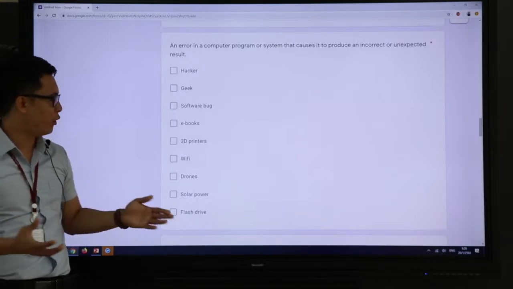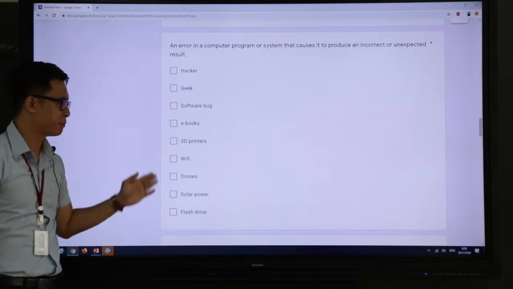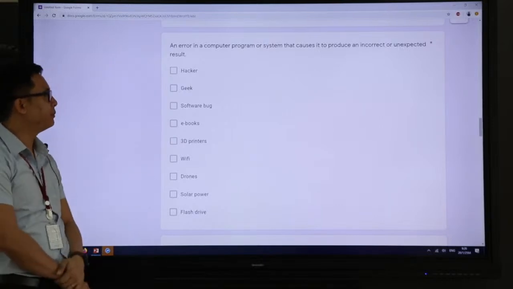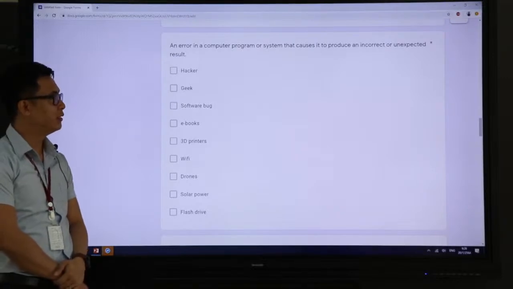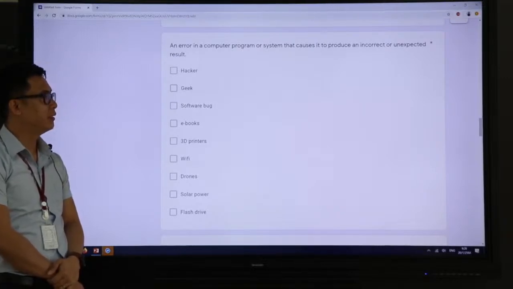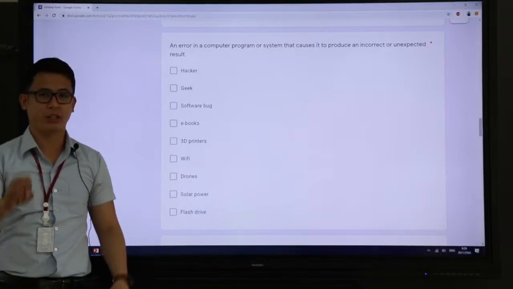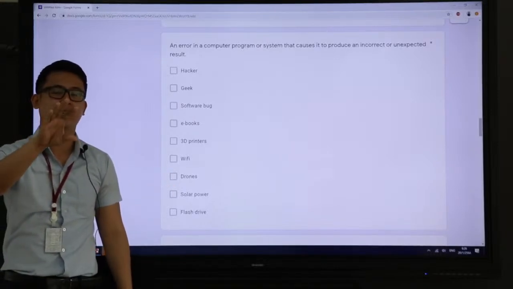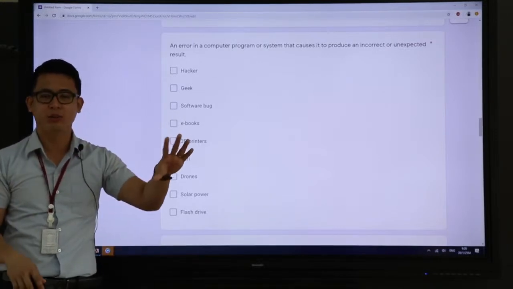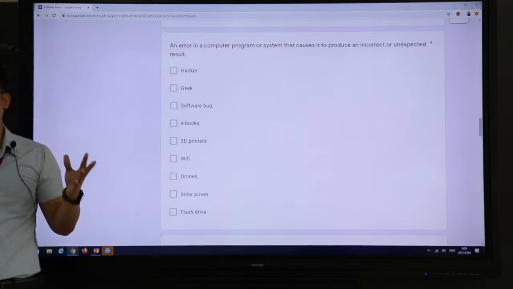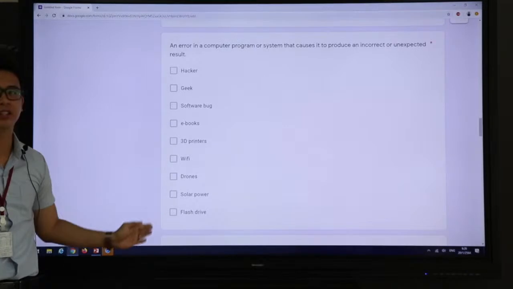What do you call that? There's a specific term for that. I know a lot of you experience this one. It keeps on popping up on your computer. It says error detected or failed to launch. Those are what we call errors. And what do you call that one? We have a specific term.